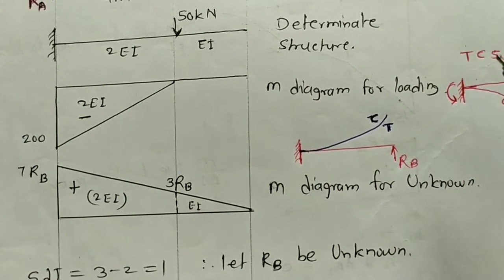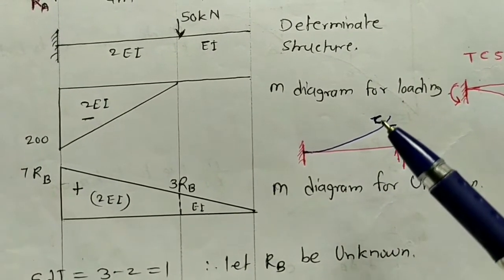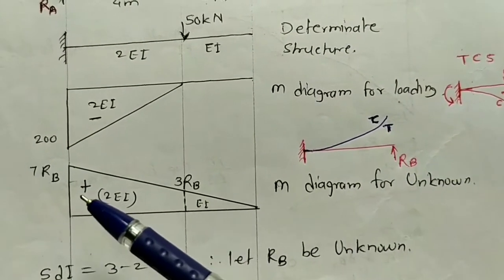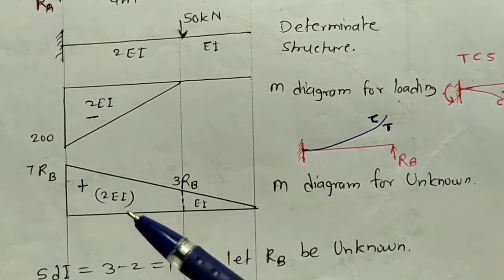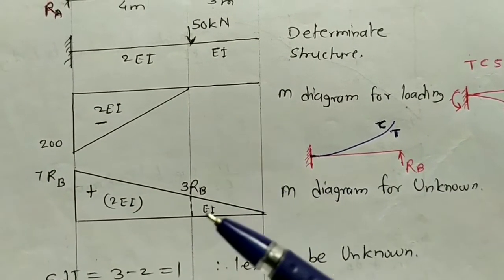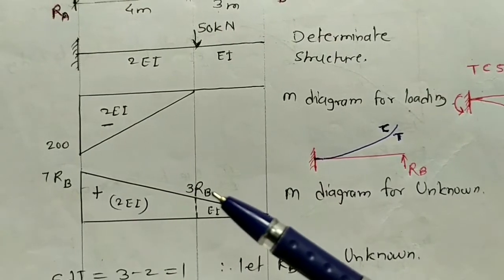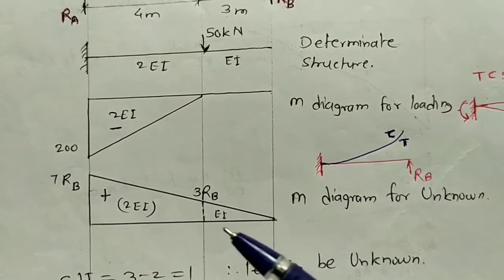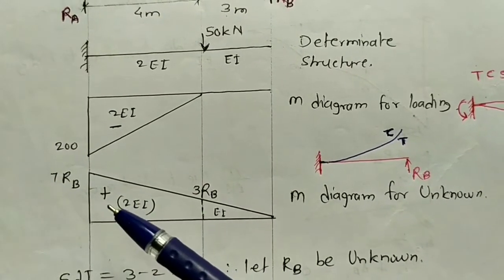Now apply TCS: top is in compression, then there will be a sagging type of bending moment. Sagging is positive. That's why I have drawn this diagram above the baseline. The earlier diagram was drawn below the baseline, that is negative. This diagram is above the baseline, that is positive, because we are getting a sagging type of bending moment.